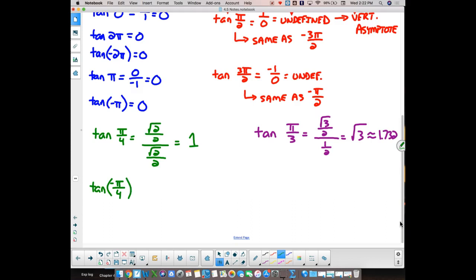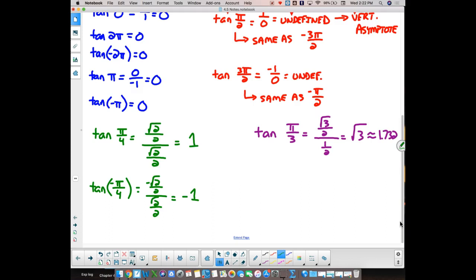Because it's negative root 2 over 2 divided by root 2 over 2. I think so. Yeah, no, you're right. I'm not doubting you. I'm just making sure everybody else knows. It's kind of what I got to do.